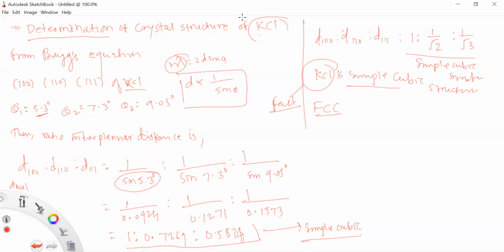So the structure of similarly NaCl. So this NaCl shows the similar structure. KCl shows the similar structure of your NaCl. NaCl सारखा तो structure दाखवतो. For example, this one.